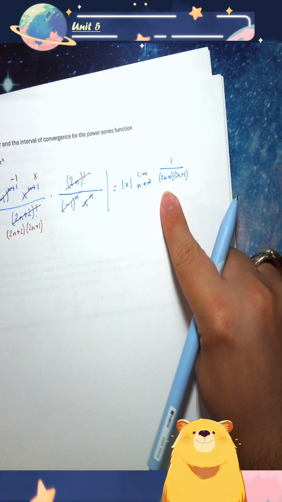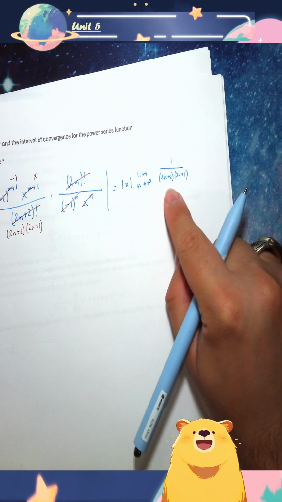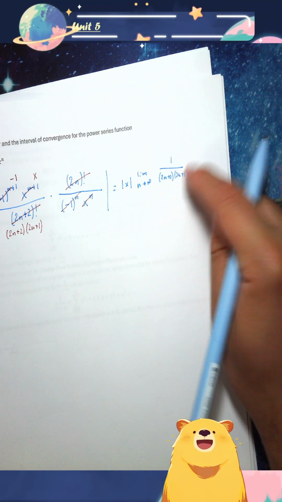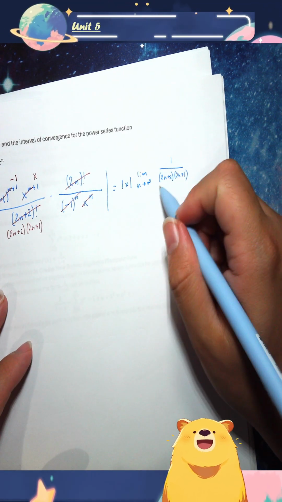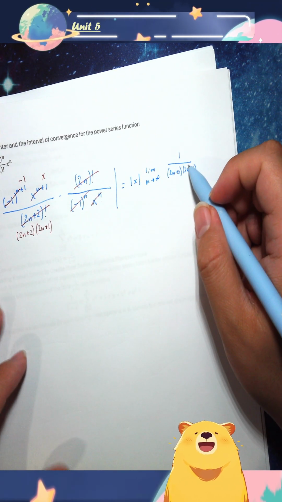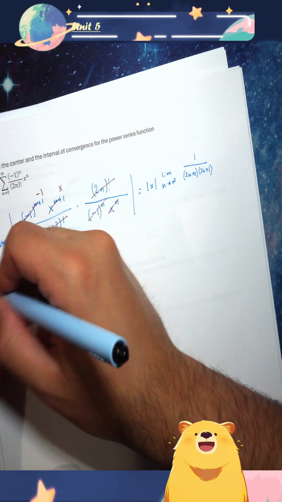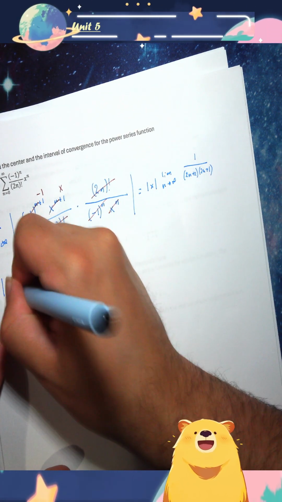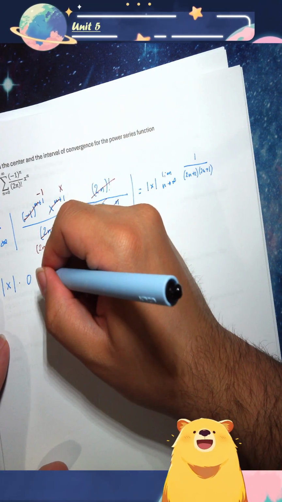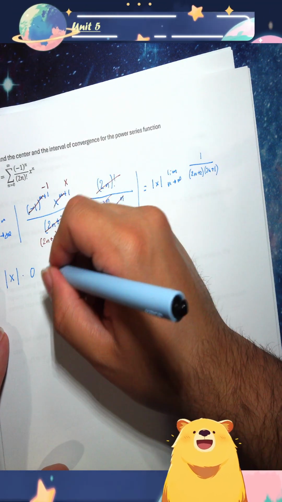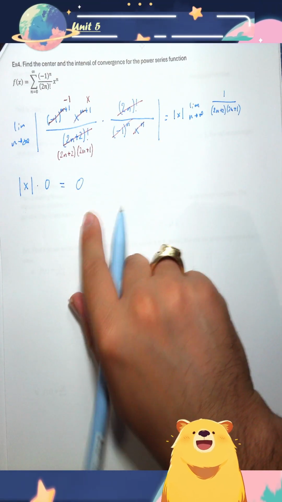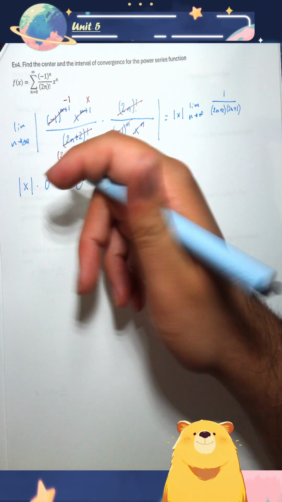From here, it's trivial to see that you would distribute the bottom and get a 2-degree polynomial on the bottom. There's a 0-degree polynomial on the top, so that whole limit should equal 0. So you have x times 0, which doesn't matter what x is, anything times 0 is 0. And here you have another trivial case where the limit is equal to 0.